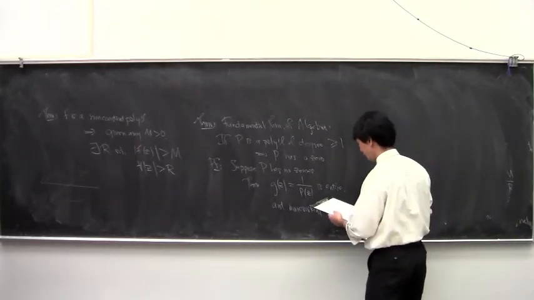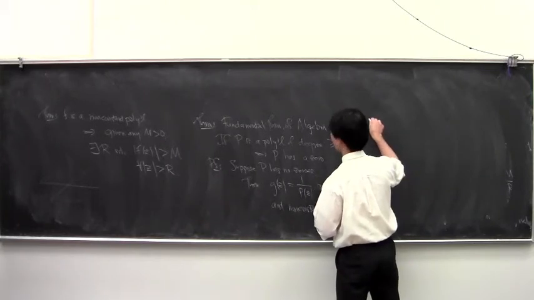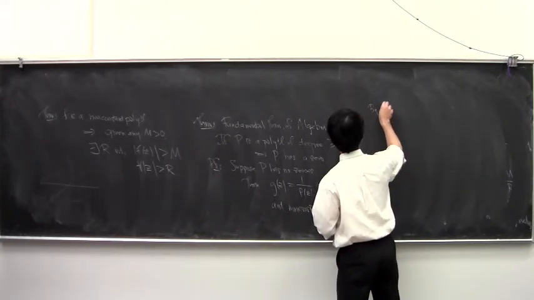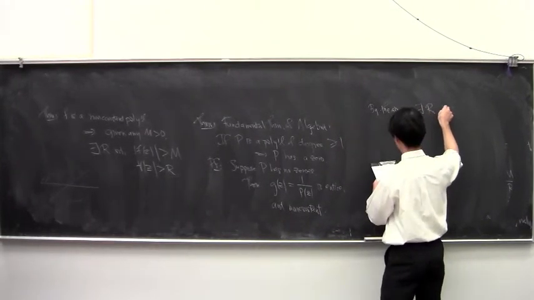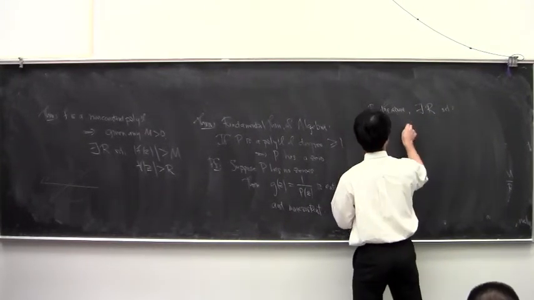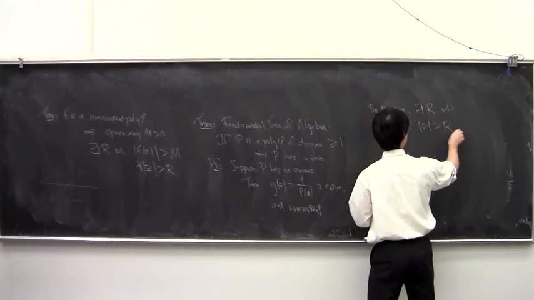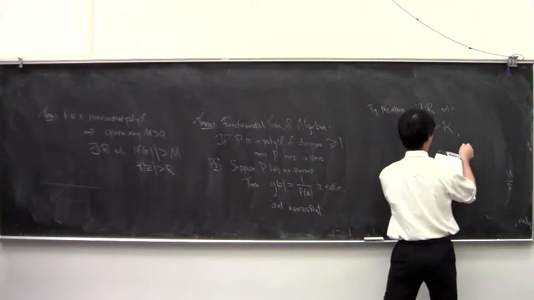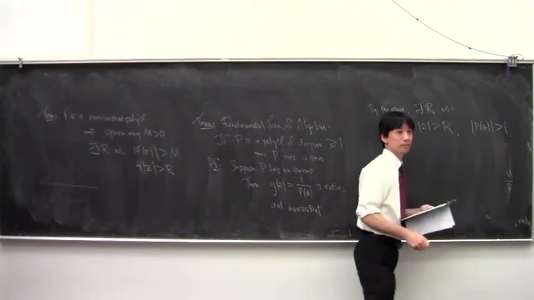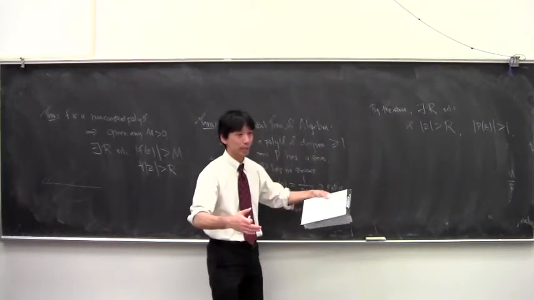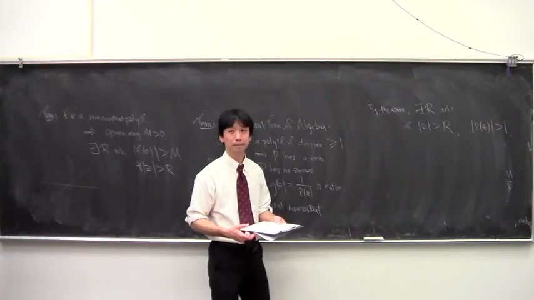But by the above, there exists an R such that outside of that circle, |P(z)| is bigger than 1. We can find a circle outside of which P is bigger than 1.